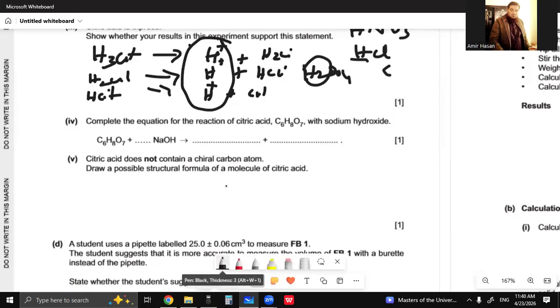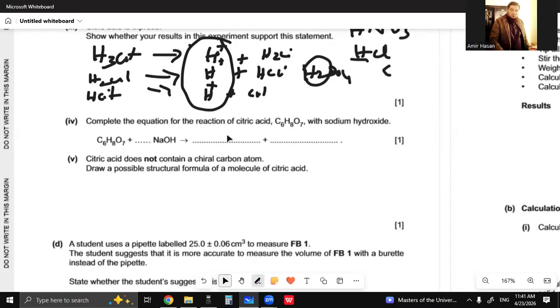When citric acid reacts with sodium hydroxide, a neutralization reaction takes place, forming a salt. What is the salt formed here?